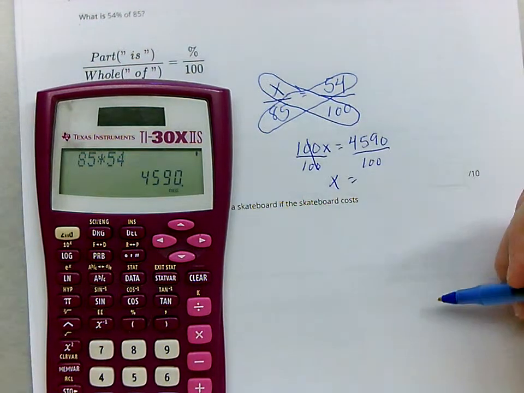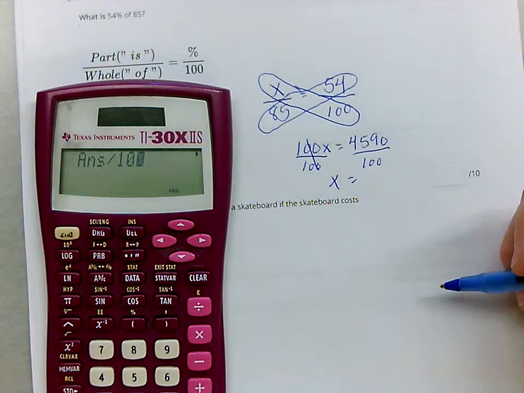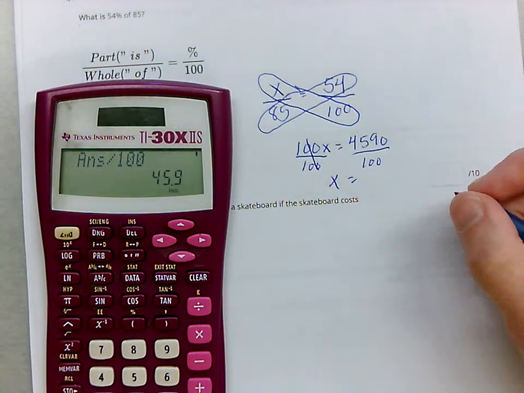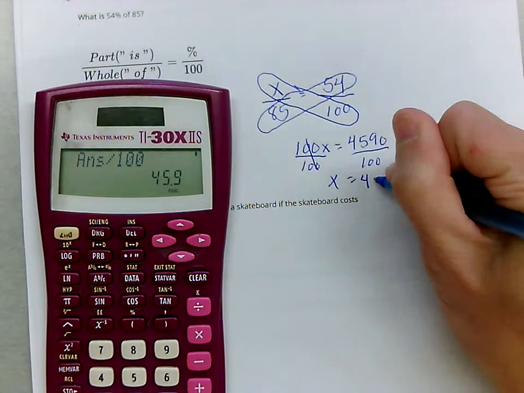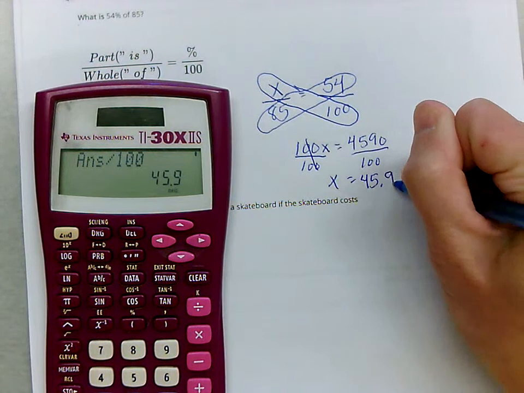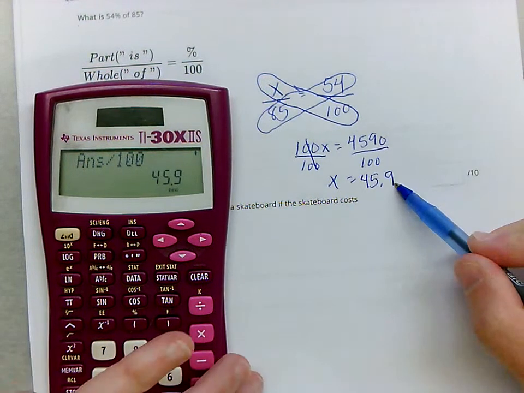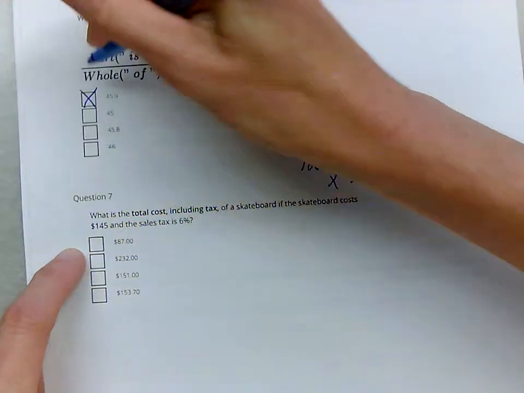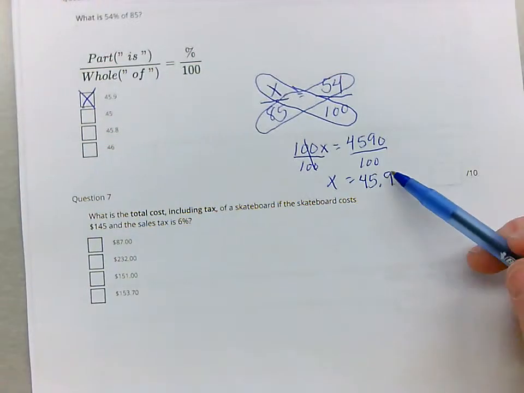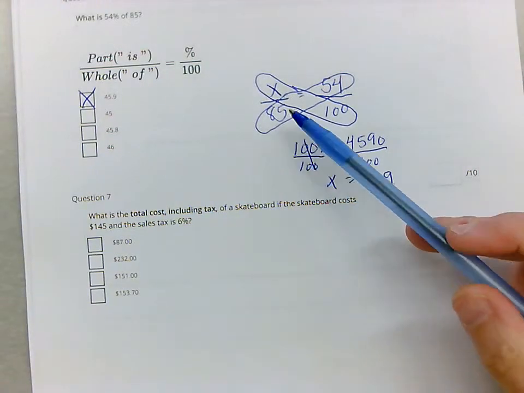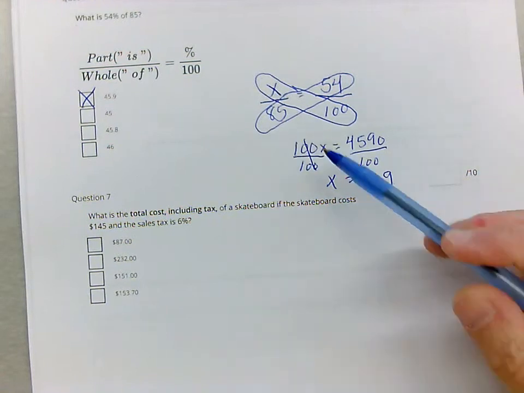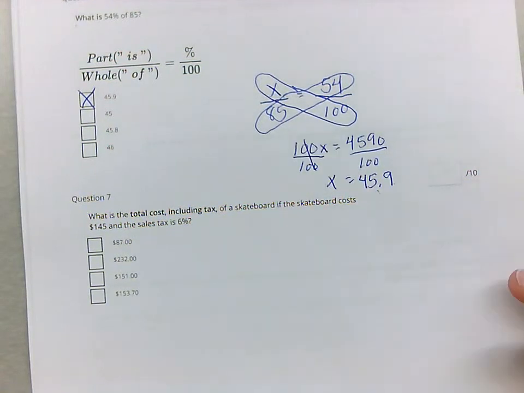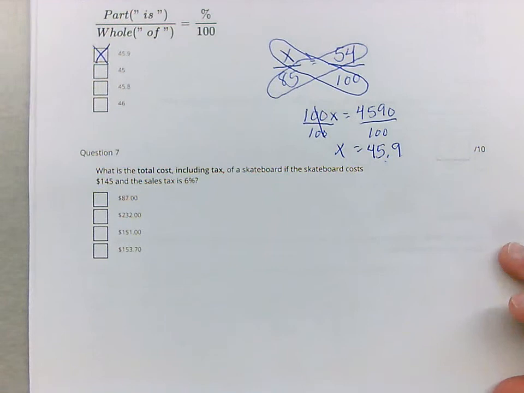So x equals, if I divide by 100, I'm looking at 45.9 as my part. 45.9 is the part to the whole of 85. It's 54% of that value. All right, we're going to move on.